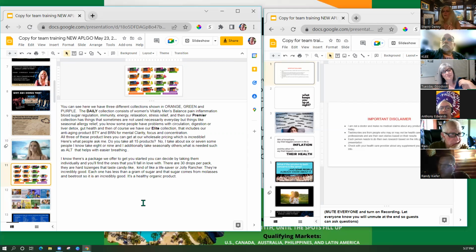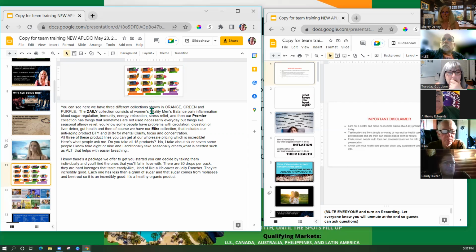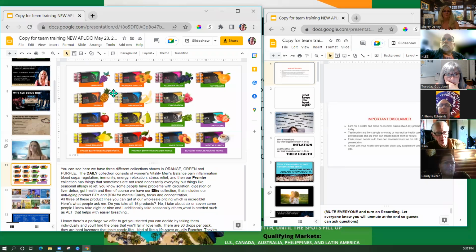Then we've got this next one. Now, I don't know if everybody realizes this, but did you know that Julia made this with color coding? The reason she did that is because these orange ones here are our daily collection, the green is our premier, and these two are our elite.